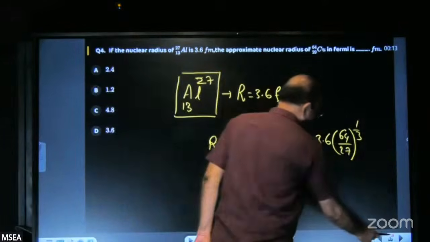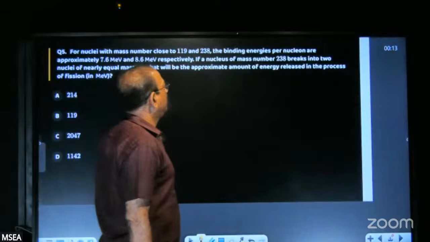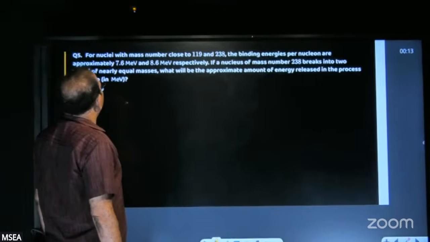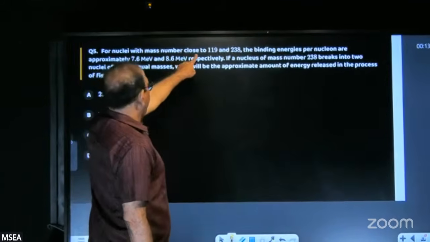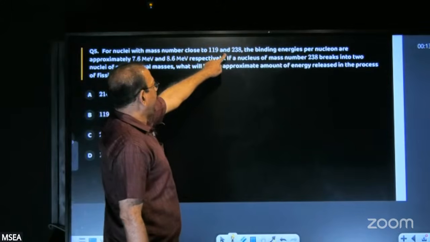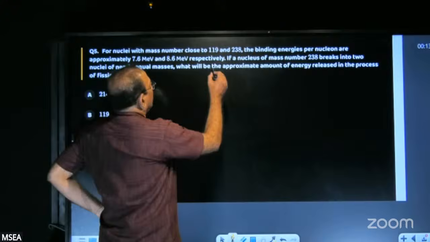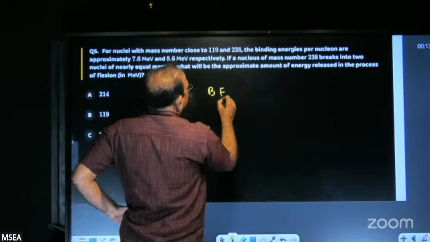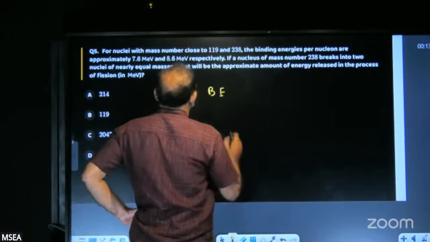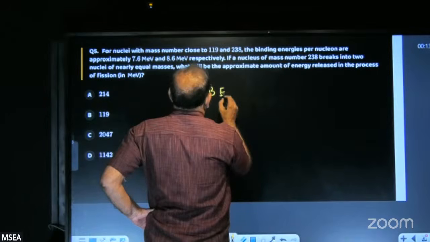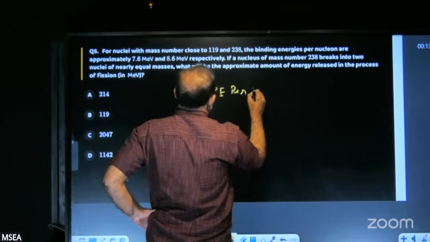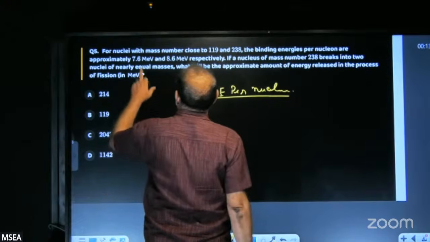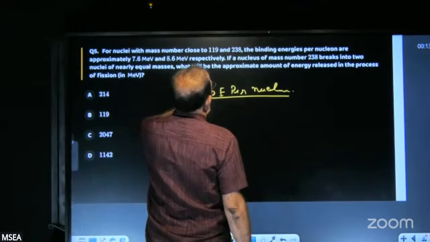Okay, I'm moving into the next problem. See, for nuclei with mass numbers close to 119 and 238, the binding energy per nucleon, the average binding energy, is given.